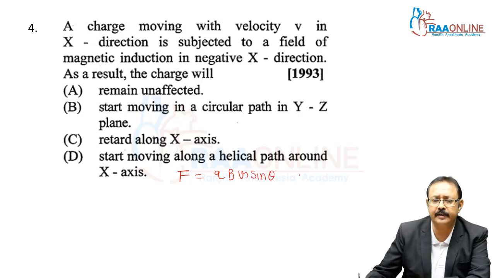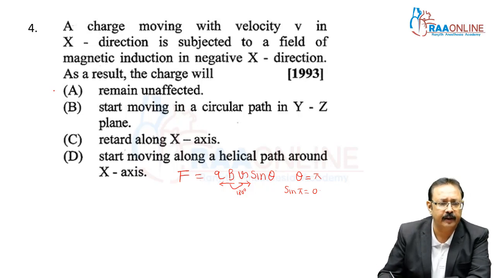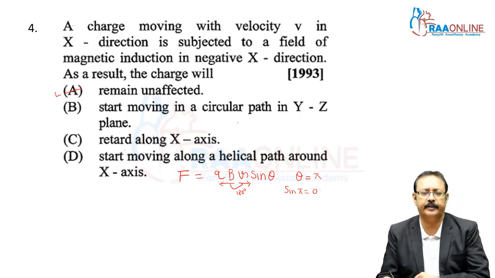In this case, velocity is in positive x-axis direction, magnetic field is in negative x-axis direction, so angle is 180 degrees. And we know that sine 180 is 0. So no force. No force means remain unaffected.